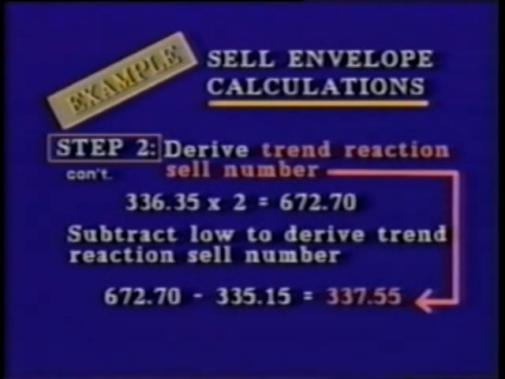Then we subtract the low to derive the trend reaction sell number. So the previous low, remember, was 335.15. We subtract that from 2X, and we get 337.55. This will be one of the numbers in the sell envelope.